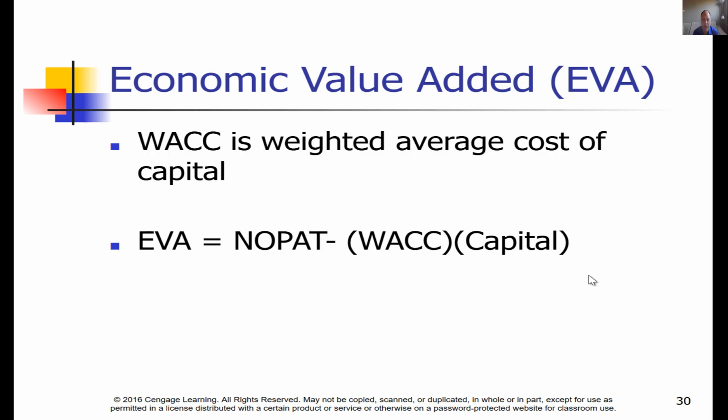So if you take what you've invested, capital, times your rate of return, WACC, you will get the dollar amount that it costs you to invest in the company. NOPAT gives you the dollar profit from investing in the company. If EVA is positive, then you have made a positive dollar amount by investing in the company. If EVA is negative, then you have lost the dollar amount of EVA by investing in the company.